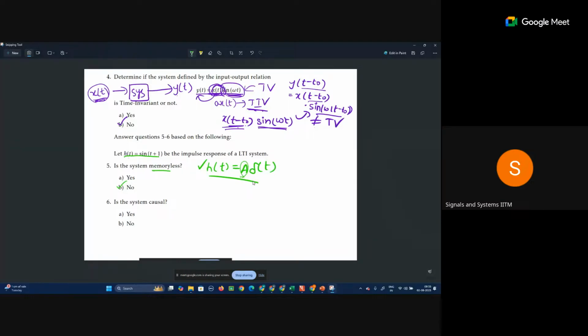If it is a kind of amplifier, then it is a memoryless system, because if we do the convolution of x of t with a times delta of t, then since a is constant and x of t convolved with delta of t gives x of t, the amplitude is just scaled. So in this case it will be a memoryless system. Is it fine? Yes, ma'am.